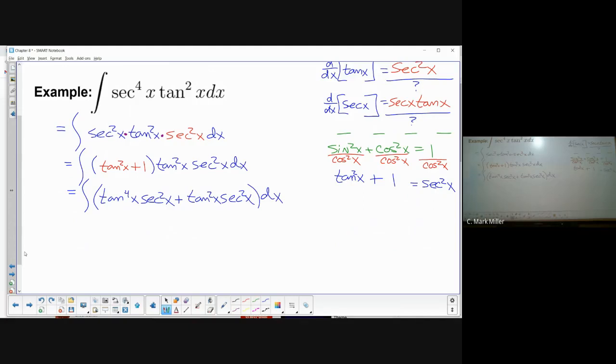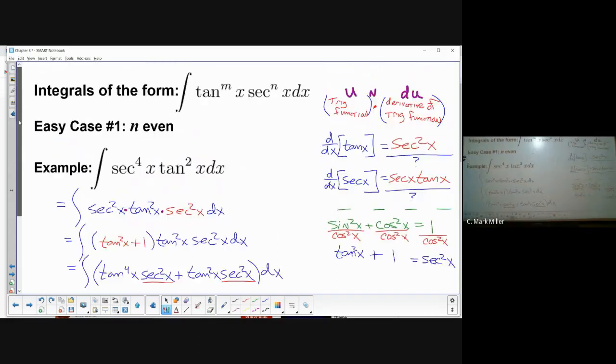You see what happened? That secant squared that we peeled off at the beginning is now the derivative of tangent to different powers. I now have my integral in this form: trig function, in this case tangent, to a power times the derivative of the trig function, which is secant squared.